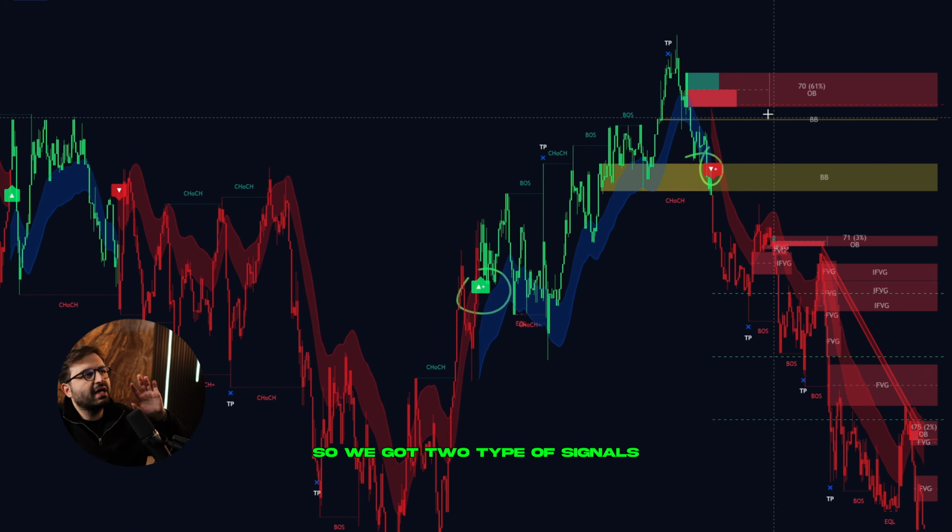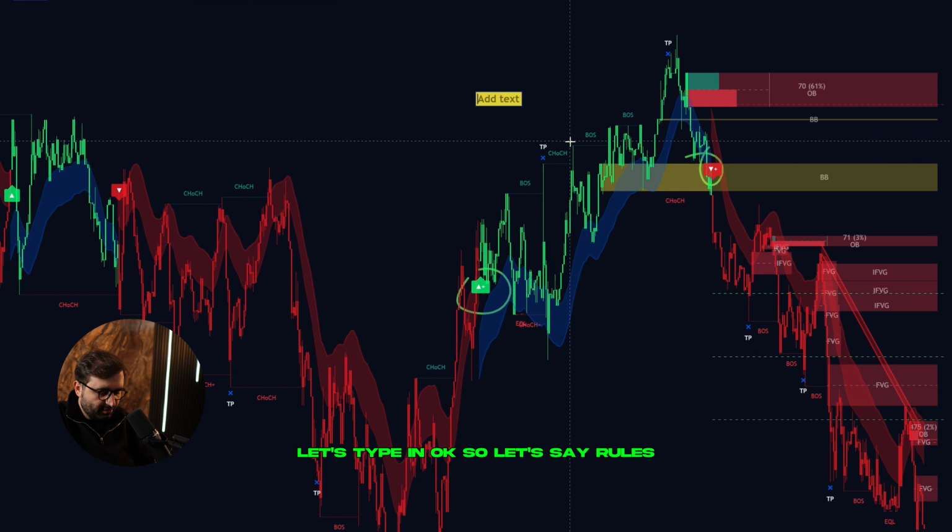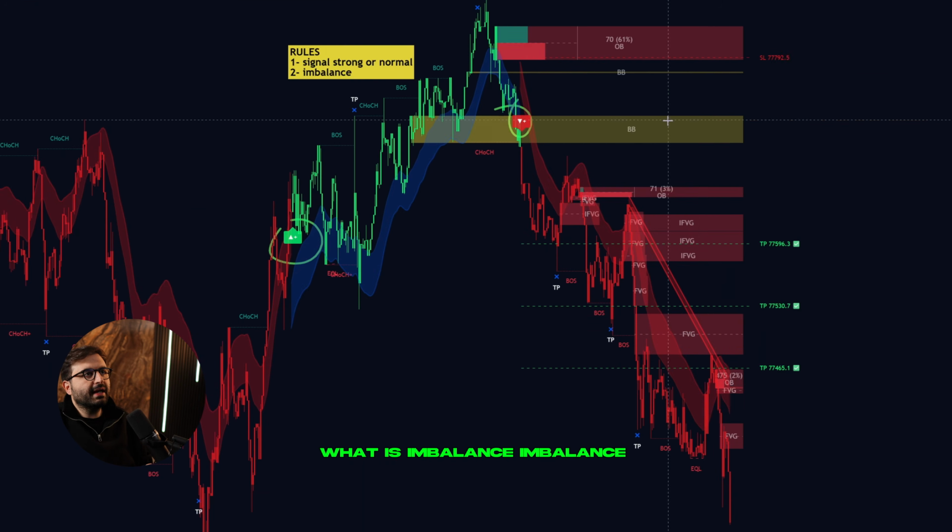So we got two types of signals. Let's type in the rules. The first one is you need to get a signal, strong or normal. If it's strong, obviously it's better. The second rule is you want to look for imbalance. What is imbalance? Imbalance means the IFGs and FVGs.